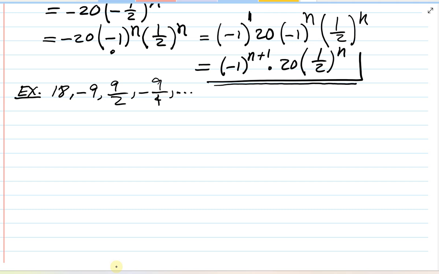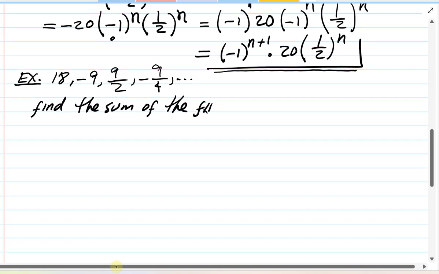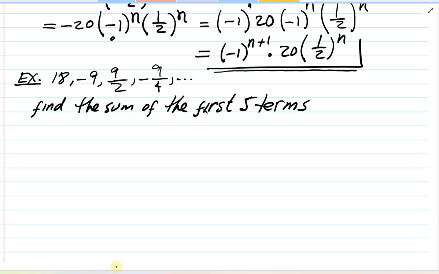Just some random thing. In other words, I want to find the sum of the series that has 5 terms.